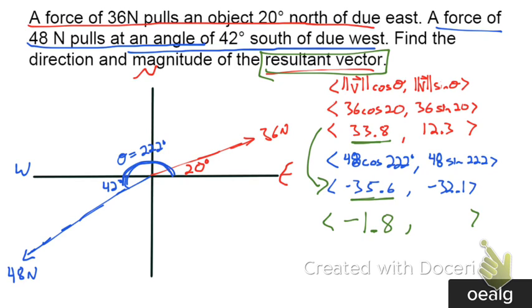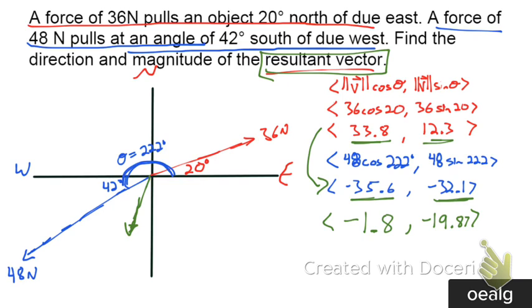The 12.3 plus the negative 32.1 gives negative 19.8. So what our vector would look like is it has a horizontal component of negative 1.8, so not too far, but then it goes down negative 19.8. So probably looks something like this.